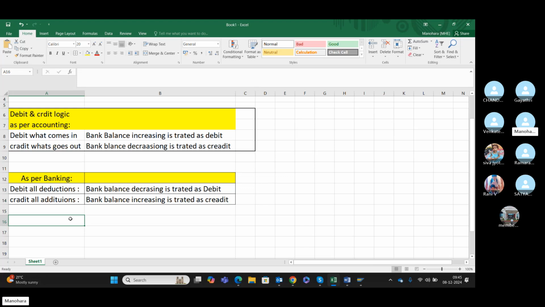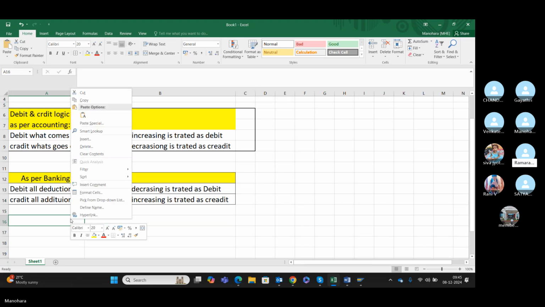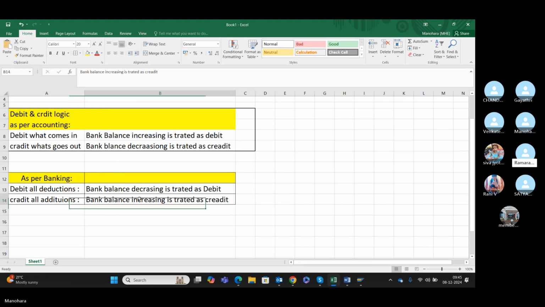And second one, debit credit. Yes, Manohar garu. According to this, while we receive the bank statement, we have to treat all the debits of the bank statement as credit to us. Yes, right. As well as vice versa, all credits need to be treated as debit for us.